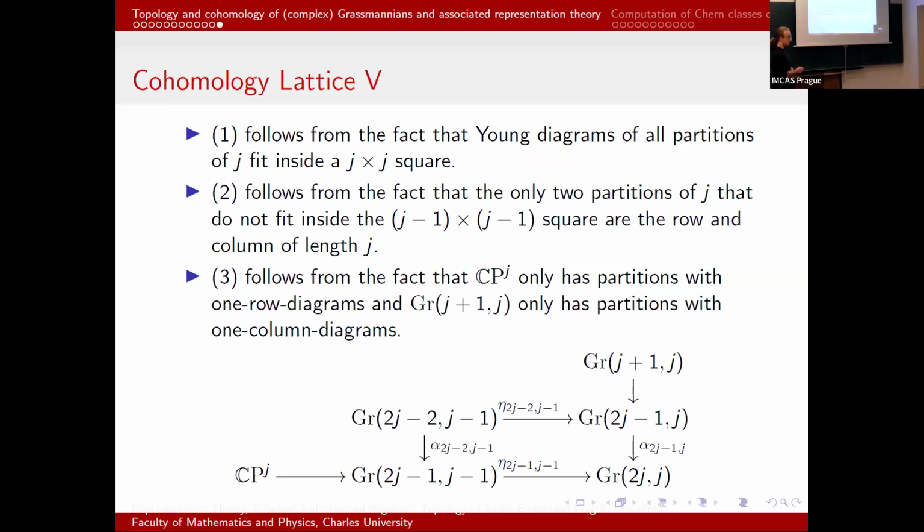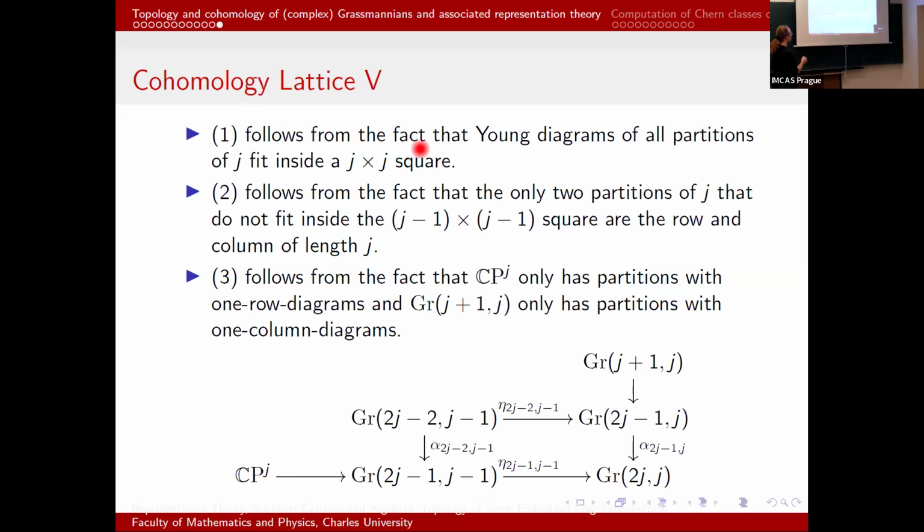I missed who proved this lemma. Oh yeah, I proved this lemma in my constructions. I see. Good. Okay, thank you. So this slide is just a sketch of the proof, and the argument is mostly about which partitions fit inside the J times J ambient square.